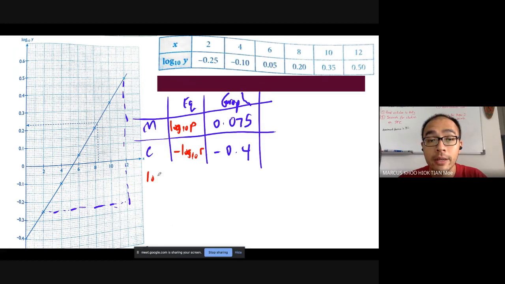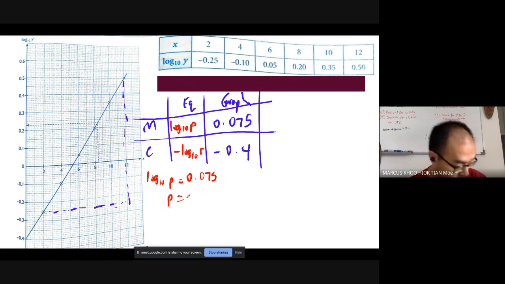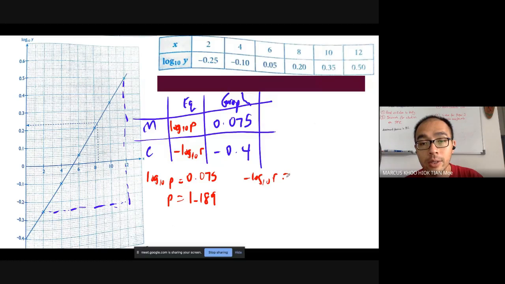Okay, and I can find the value of p and r already. The gradient is 0.075, so p equals shift log 0.075, which will give you 1.189. On this side, negative log 10r equals negative 0.4. This negative is very annoying, but since both sides have negative, I can remove it.